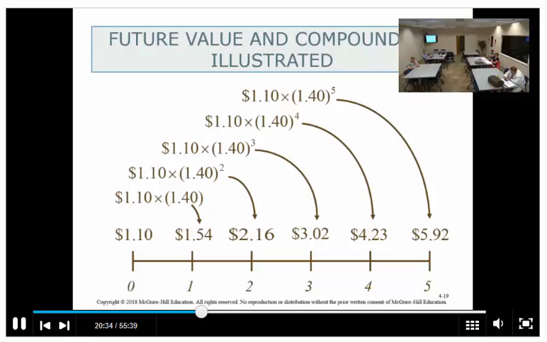This is the effect of compounding. That's what's going on. We're earning money on our earnings, on our previous years' earnings.